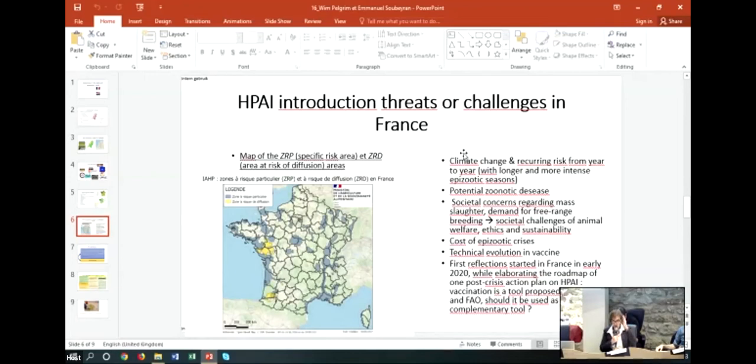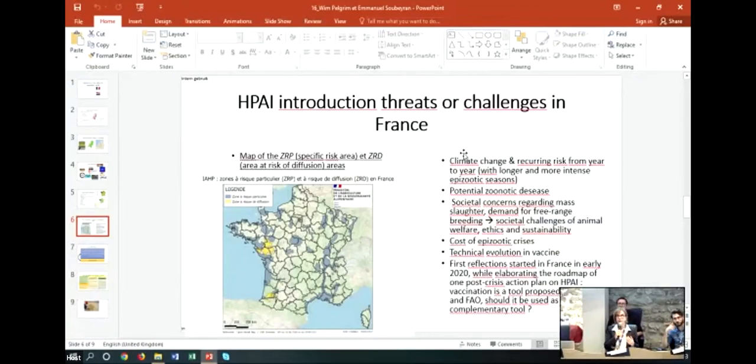Until last year, outbreaks only occurred during the descending migration. But this year, we had outbreaks and very hard crises during the ascending migration. And last year, we had 19 million birds culled, and a lot of them preventively.